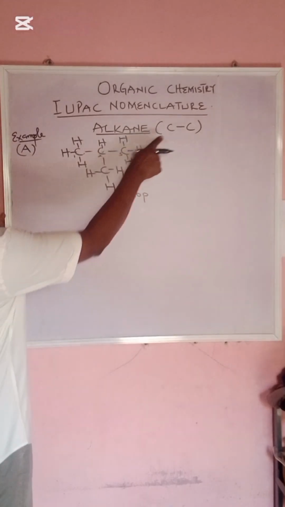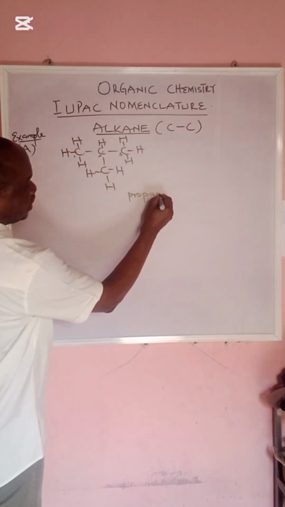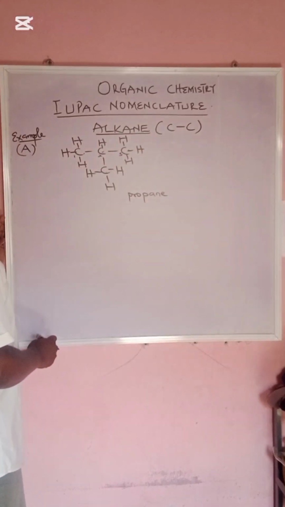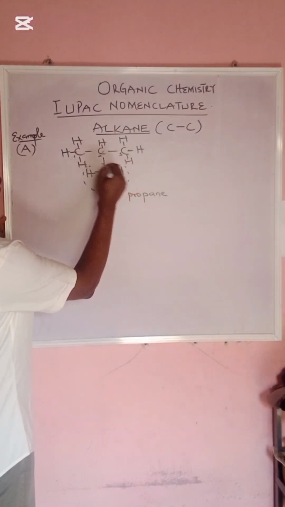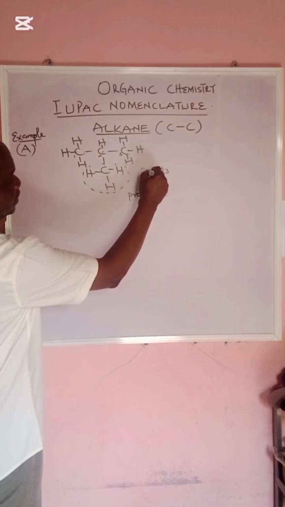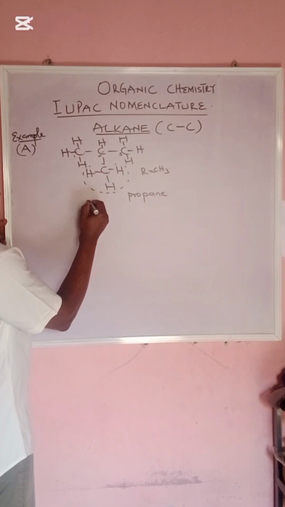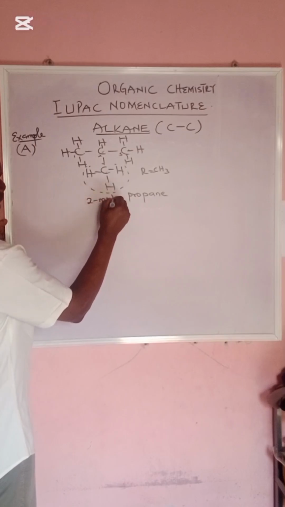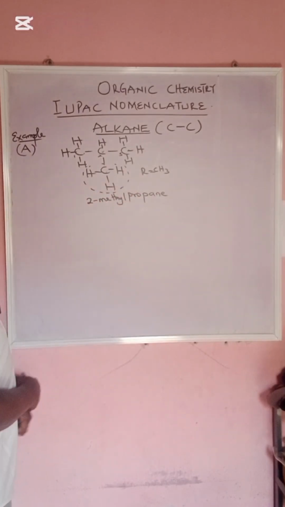Then the functional group is C single bond C, that is alkane. That's why it will end with propane. Then the attached alkyl group is CH3, which is a methyl, and methyl is attached to carbon 2. So the answer is 2-methylpropane.